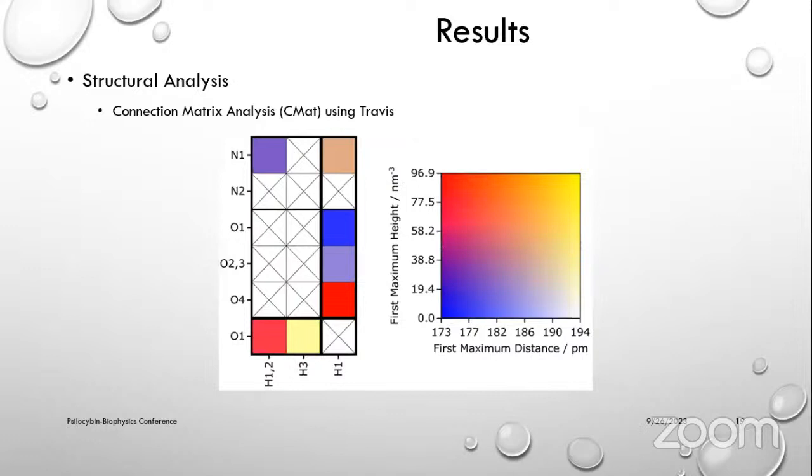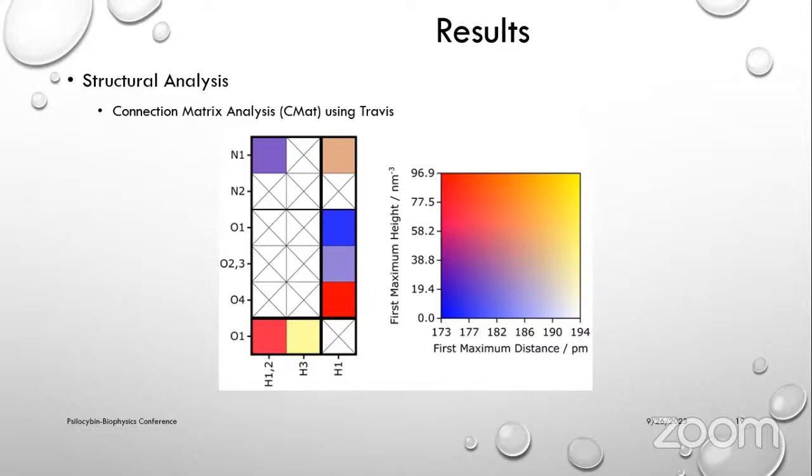We expect that, whether from psilocybin form A or form B, those polar atoms will be interacting with the polar hydrogens from the solvents. So we were interested to examine their structure. One of the analyses we wanted to do was the contact matrix analysis, which is a CMAT analysis, and we used the TRAVIS software to do this task.